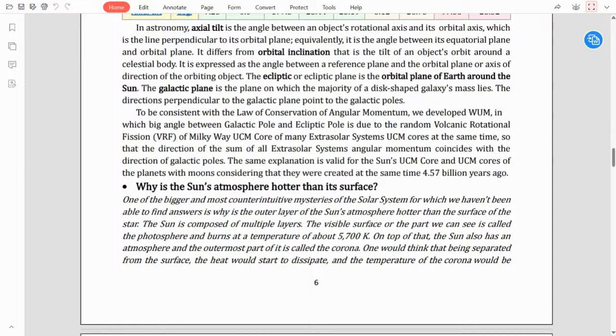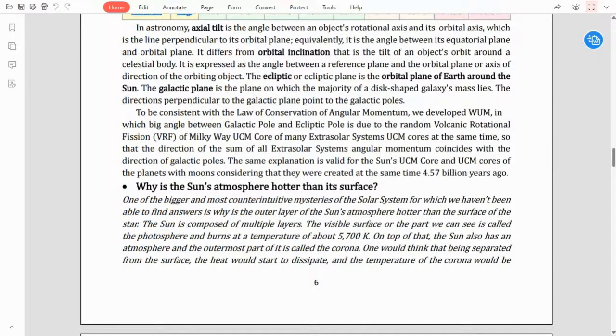So the direction of the sum of all extrasolar systems' angular momentum coincides with the direction of the galactic poles. The same explanation is valid for the Sun's UCM core and the USM cores for the planets with moons, considering that they were created at the same time, 4.57 billion years ago.